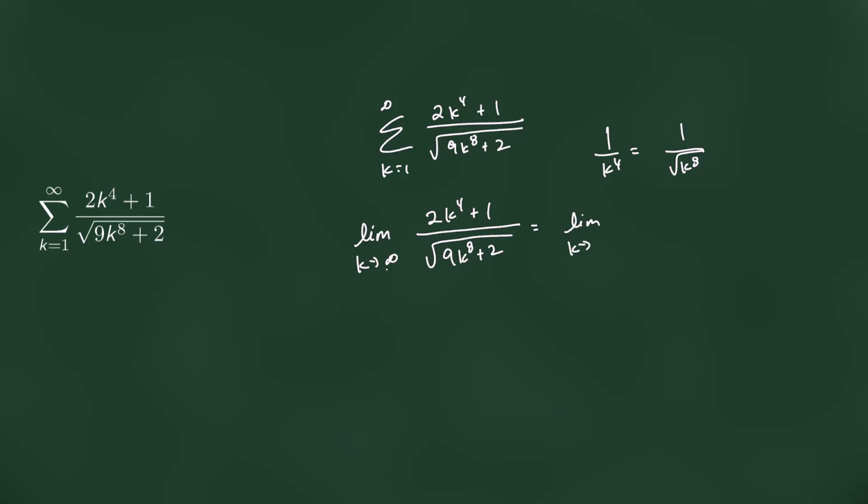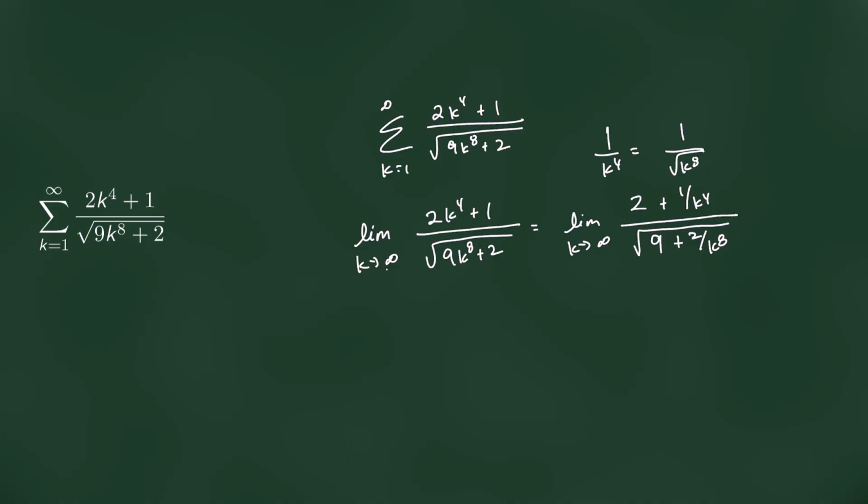I get 2 plus 1 over k to the 4th. And then on the bottom, when I bring this inside, I get the square root of 9 plus 2 over k to the 8th.